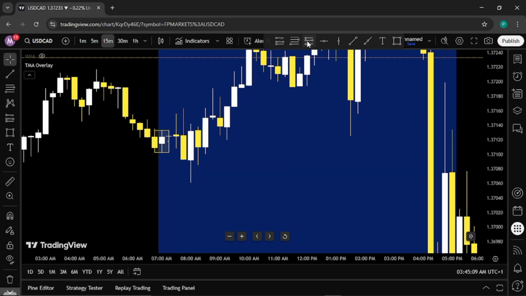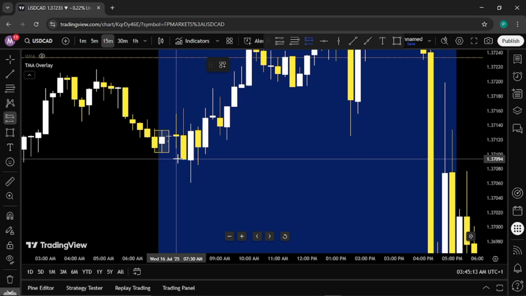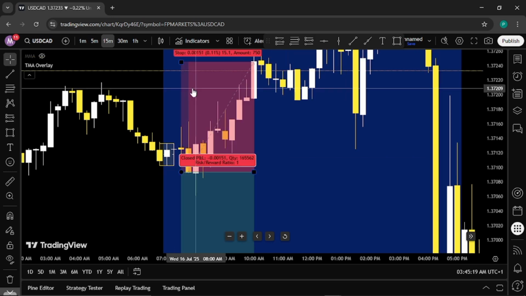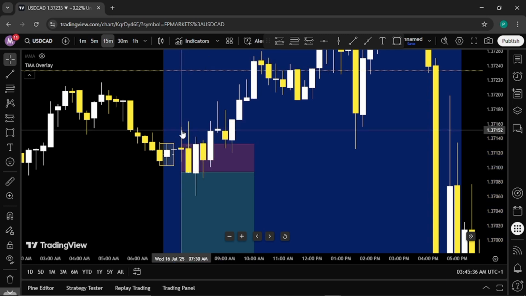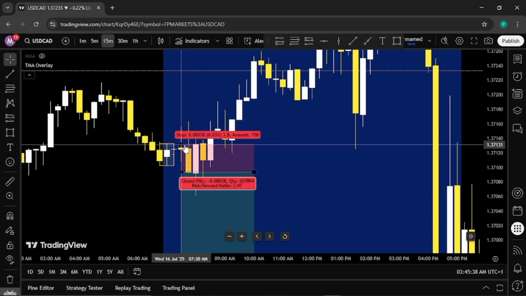We look for a short position tool. We place it at the close of the candle that broke below it. And in this scenario, like I explained on Friday, giving an example, if there's a candle that is higher than the high of the ORB before the breakout, that is where your stop loss is supposed to be. Originally, your stop loss is supposed to be here. But then again, there were candles that traded higher than the high of the ORB, and this is a sell trade.